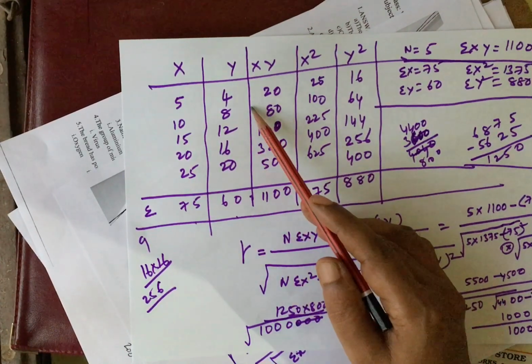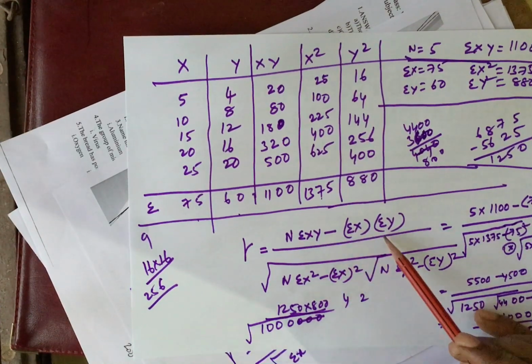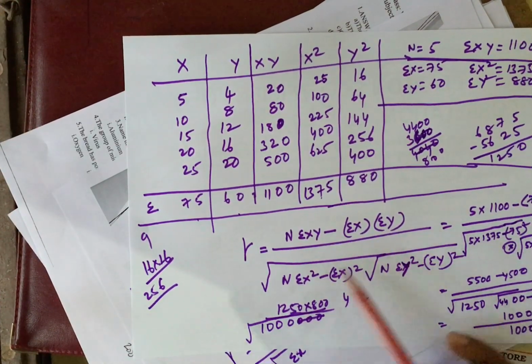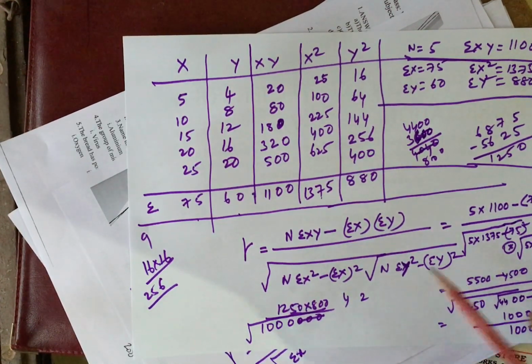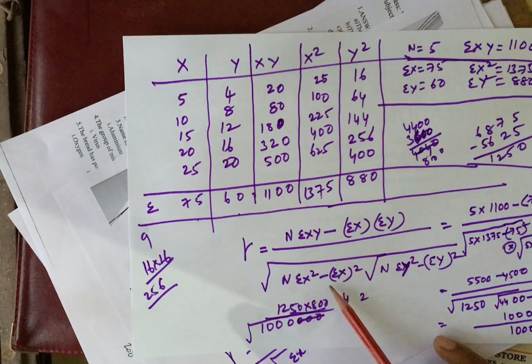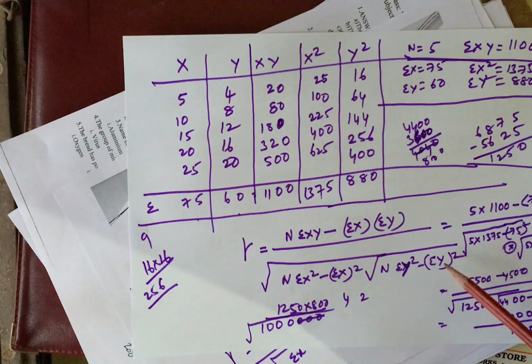Then the formula you should know first: n into sigma xy minus sigma x sigma y, divided by under root, first n sigma x square minus sigma x whole square, same way n sigma y square minus sigma y whole square.